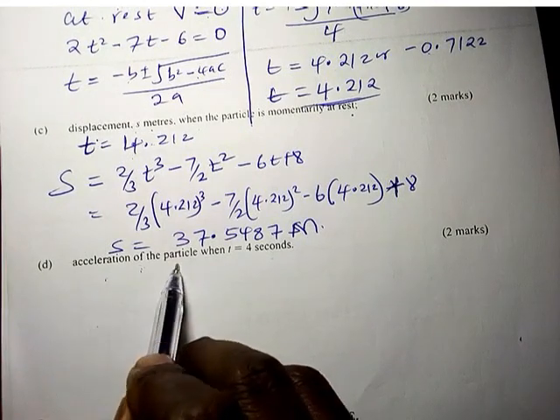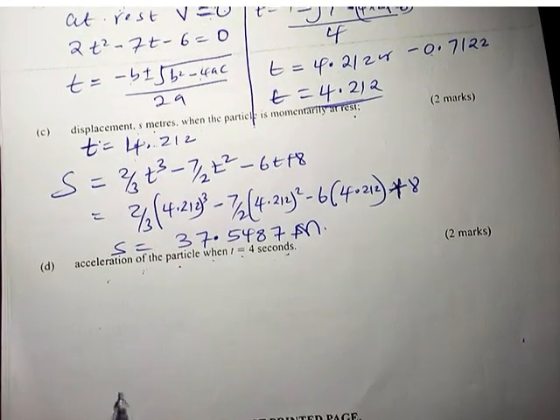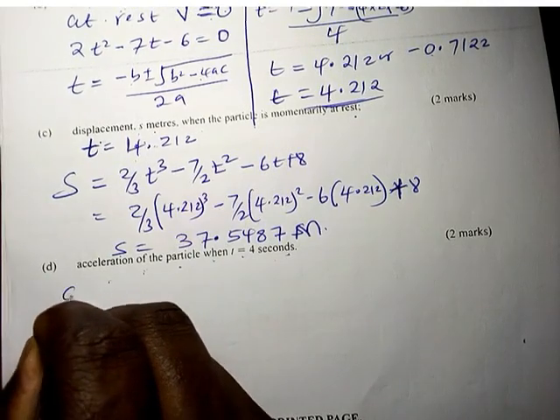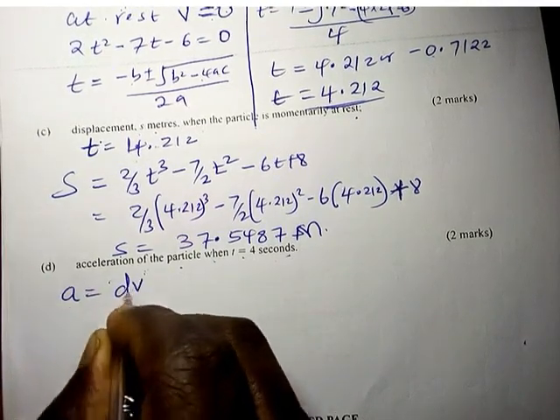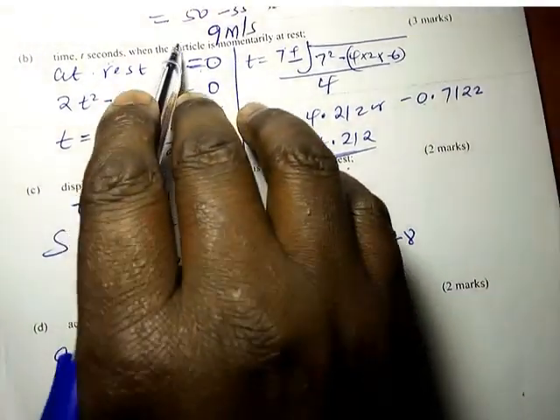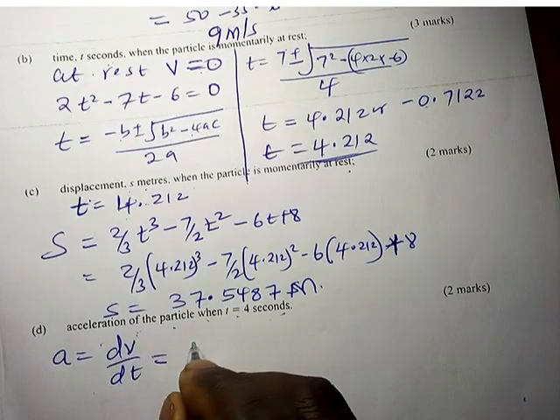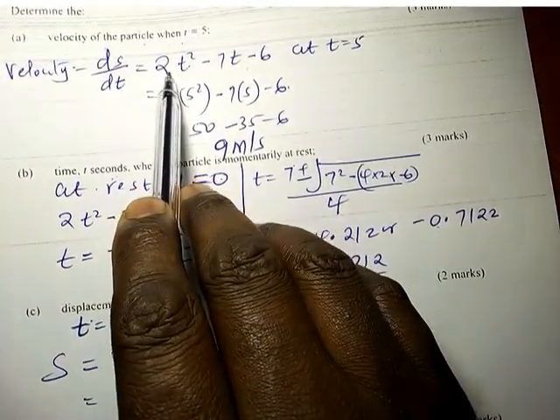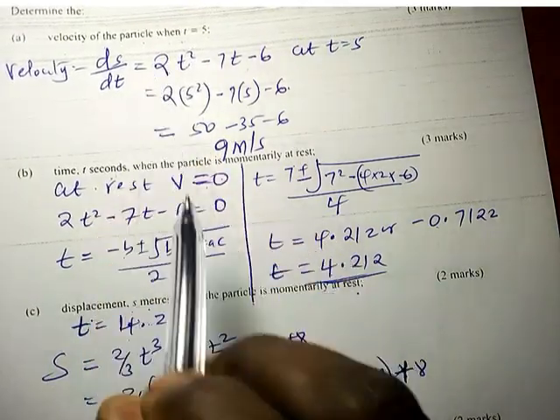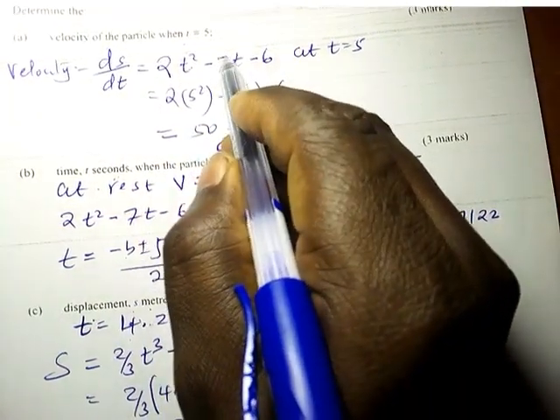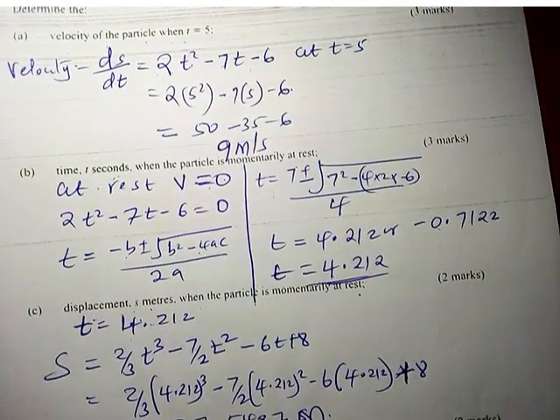Acceleration of the particle when time is t. Acceleration, you differentiate velocity. So acceleration a is equal to dv over dt. Now our velocity was 2t square minus 7t minus 6, so this is going to be 4t, and this was 7, will be minus 7.